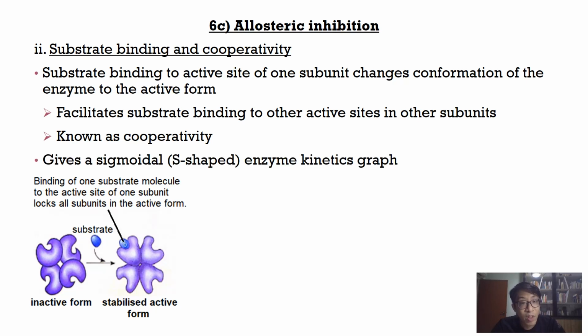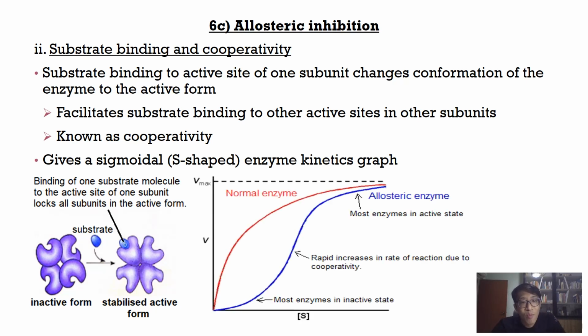Because of this phenomenon, the graph of rate of reaction against increasing substrate concentration will show a sigmoidal or S-shaped curve, which is a hallmark of allosteric enzymes. For the normal, non-allosteric enzymes, from what you have learned in lecture 2, this is the very nice and smooth curve that shows the increase in the rate of reaction when the substrate concentration is increased.